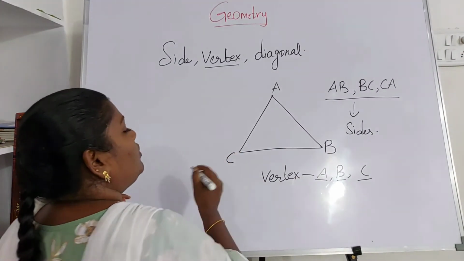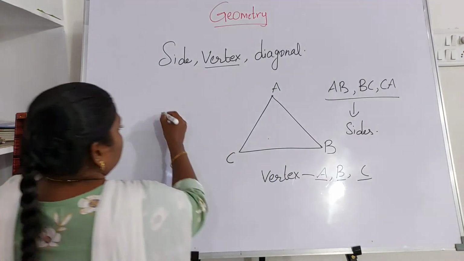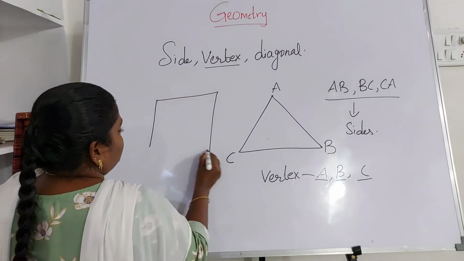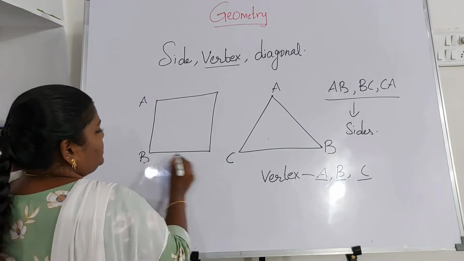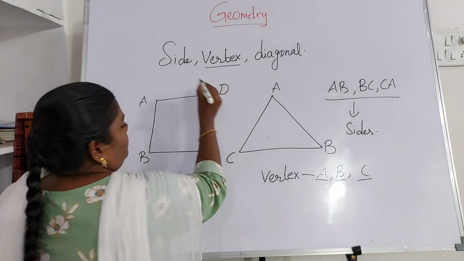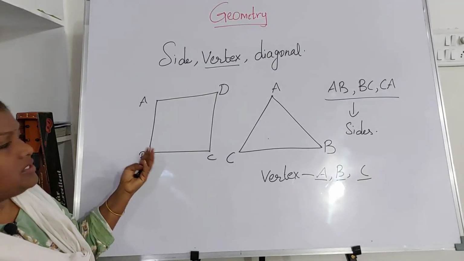Next, diagonal. Now what is a diagonal? A diagonal is not possible for the triangle. So let me take a 4-sided figure, for instance, this is A, B, C, D. Here we should learn what are adjacent angles and what are opposite angles.